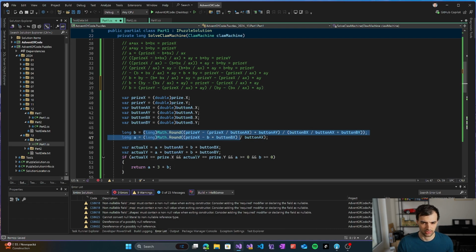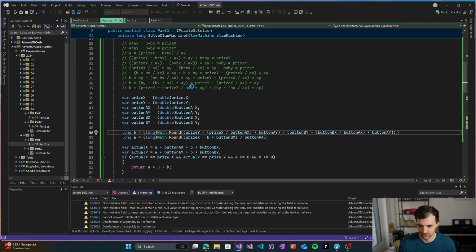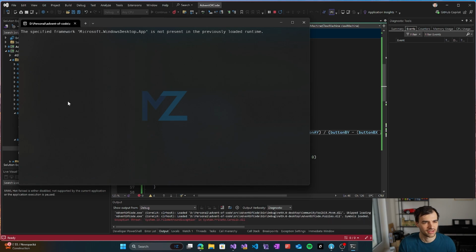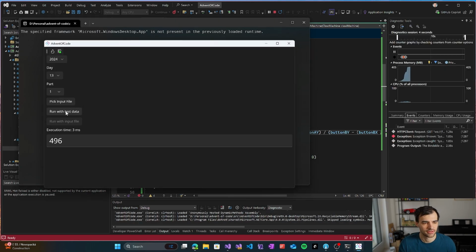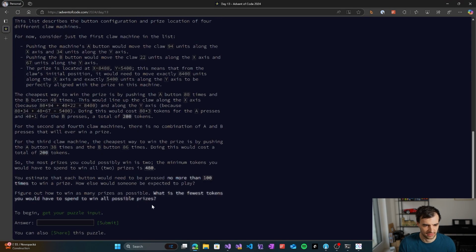So let's redo this. Does it correct itself? So yes, AY divided by BY minus BX by AX AY. So hopefully now, if I didn't do another mistake, which is definitely possible, 496 is the result. 496, which is a little bit more than I would like.